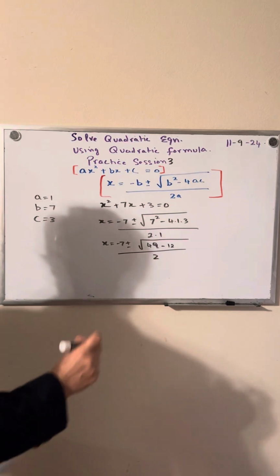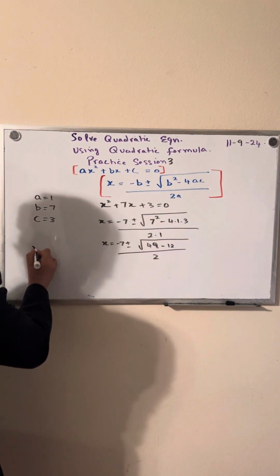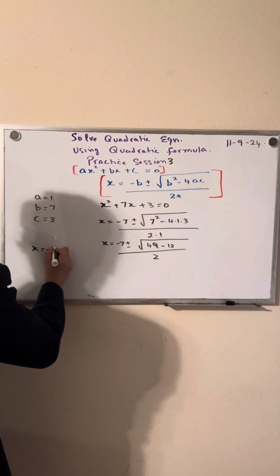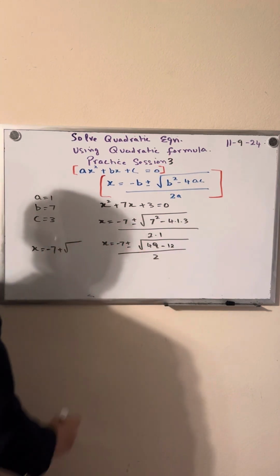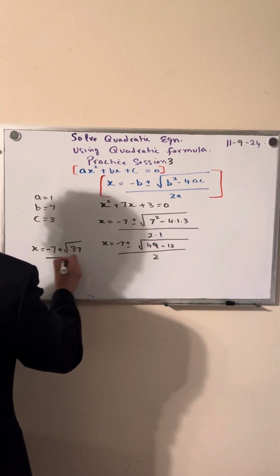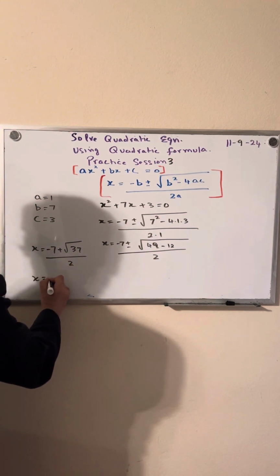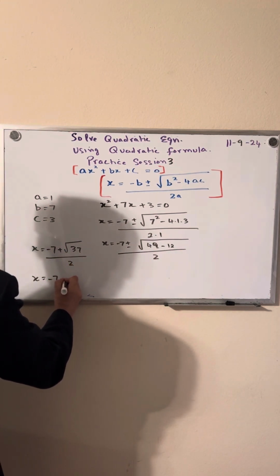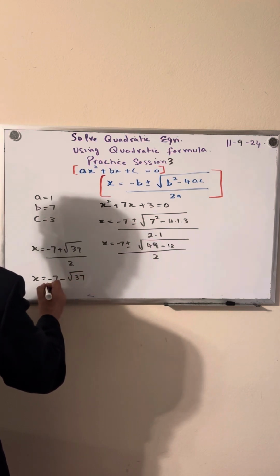So there are two answers now. The first answer is x is equal to minus 7 plus the square root of 49 minus 12, which is 37, divided by 2. And the second answer is x is equal to minus 7 minus the square root of 37, over 2.